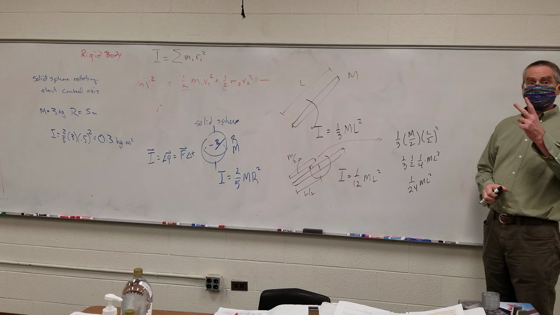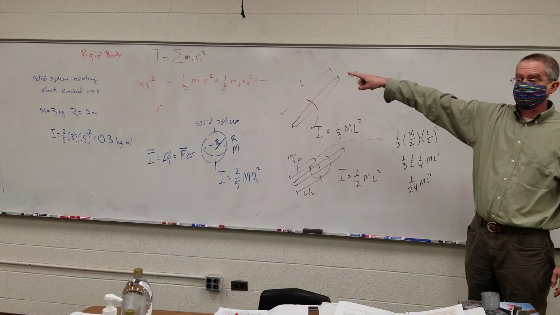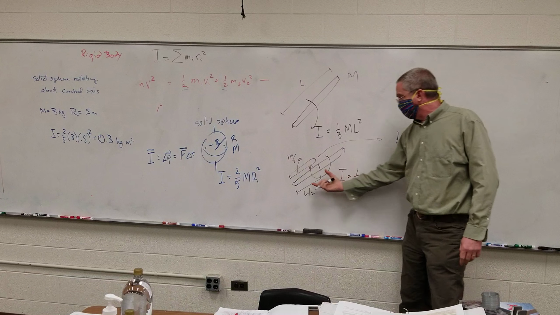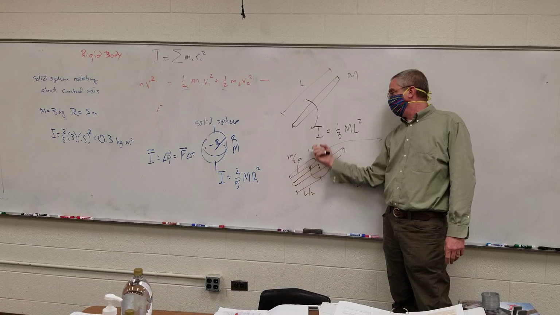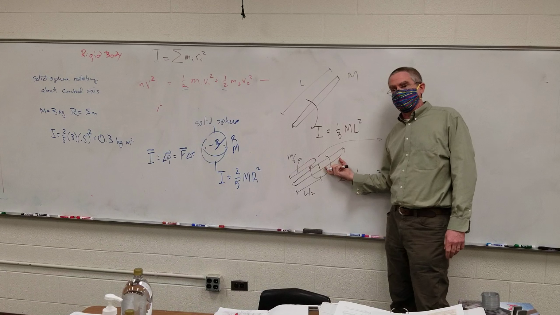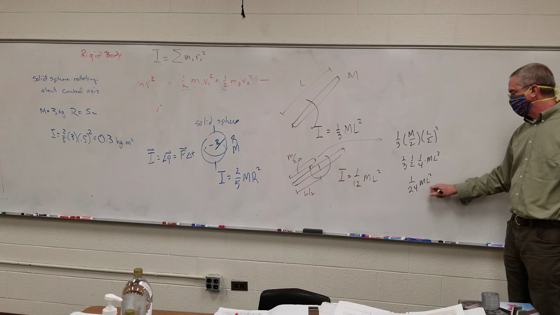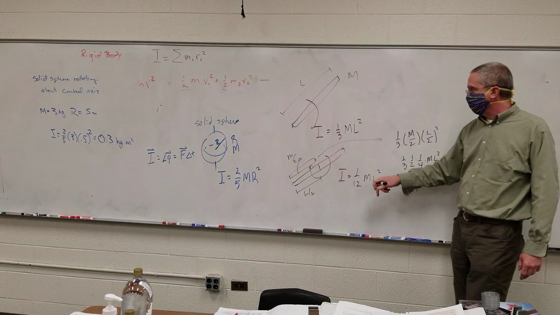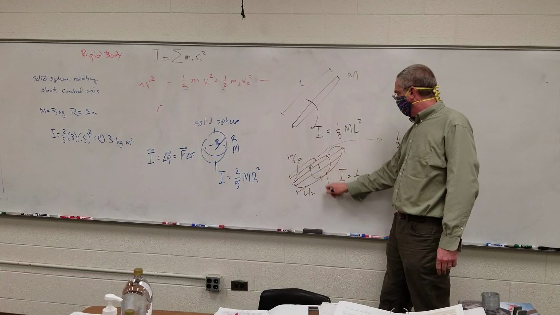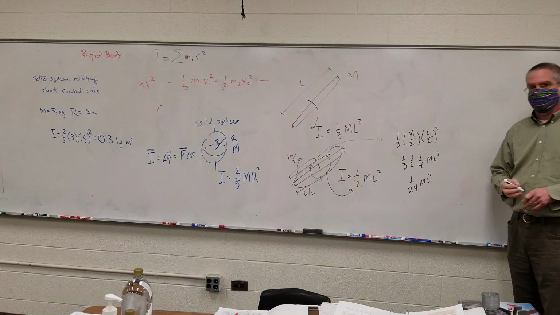But I've got two of them, because ultimately I'm just adding up. This is just a giant sum. So the moment of inertia of the whole thing would end up being 1/12 ML squared.